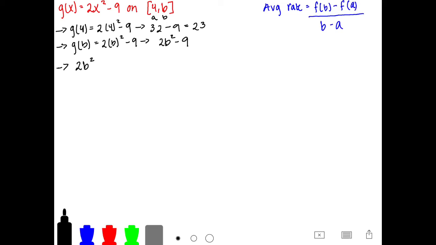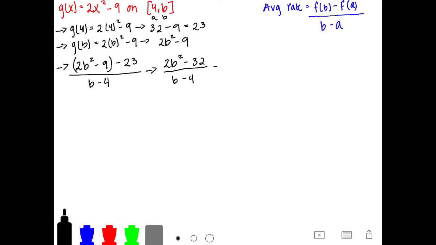And then plugging in our function of b minus function of a, which is 2b squared minus 9 minus 23 all over b minus 4. Alright, and then when we combine negative 9 and negative 23, we get 2b squared minus 32 all over b minus 4.